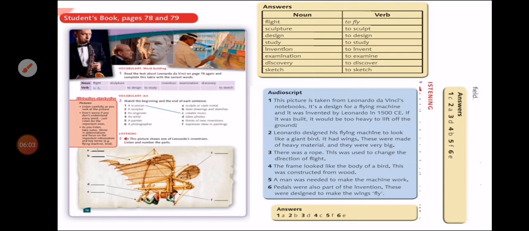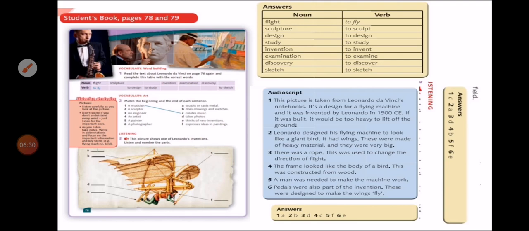This picture is taken from Leonardo da Vinci's notebooks. It's a design for a flying machine, and it was invented by Leonardo in 1500 Common Era. If it was built, it would be too heavy to lift off the ground. إذن A with number 1 اللي قرأته الآن.